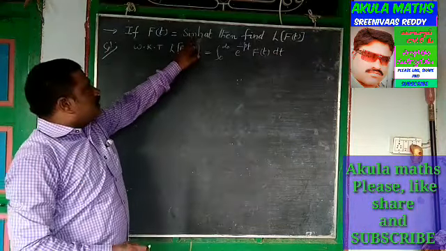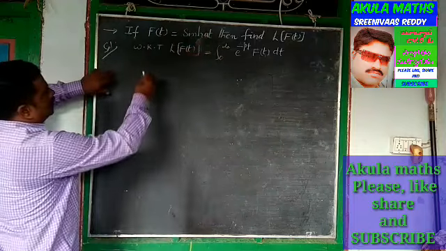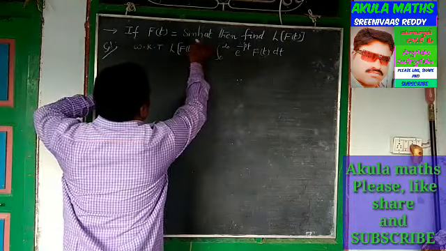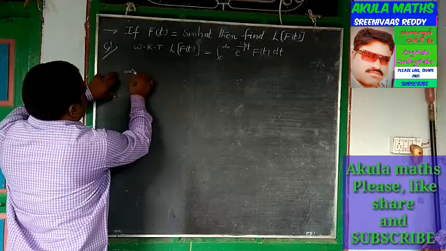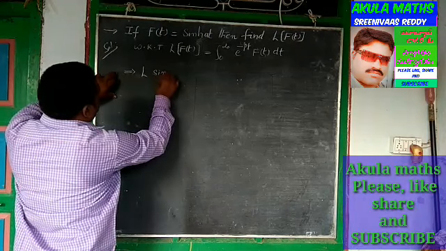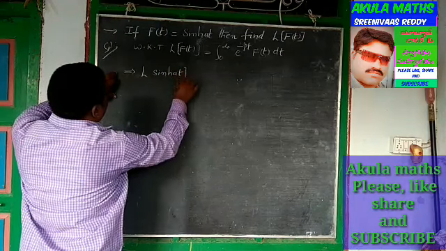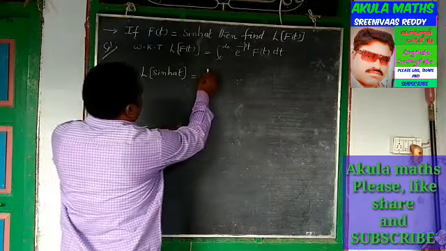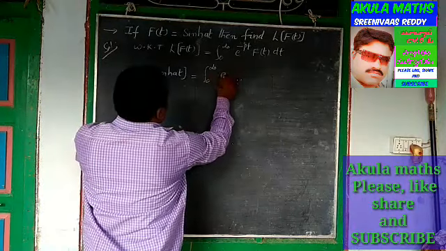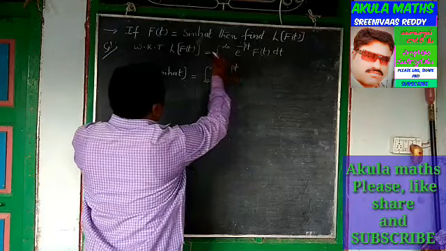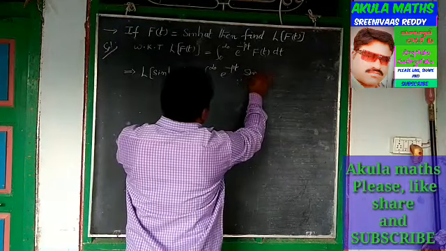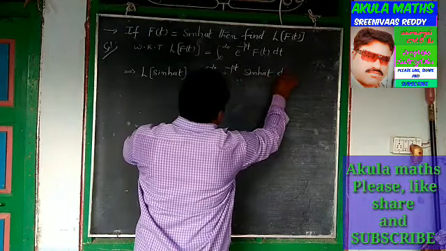So here f of t is sinh at. So we replace f of t with sinh at. That implies L of sinh at is equal to integral 0 to infinity e power minus pt, sinh at into dt.